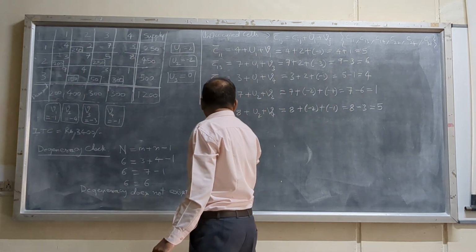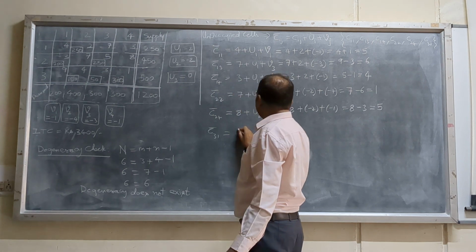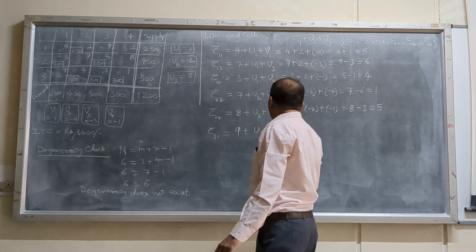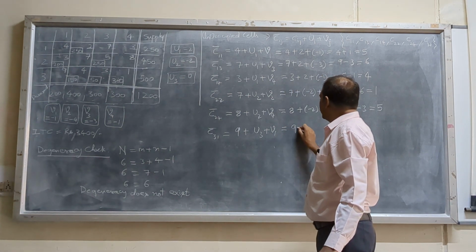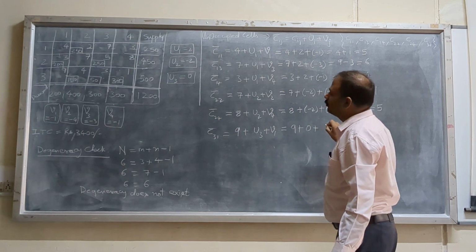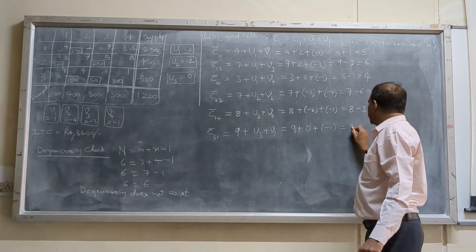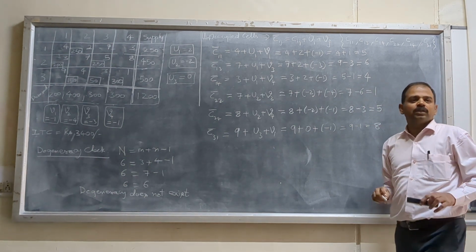Next is C31 bar, which is 9 plus U3 plus V1, equal to 9 plus U3, which is 0, plus V1, which is minus 1, is equal to 9 minus 1.